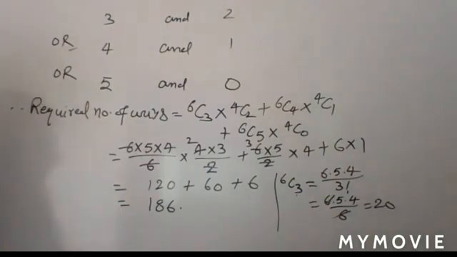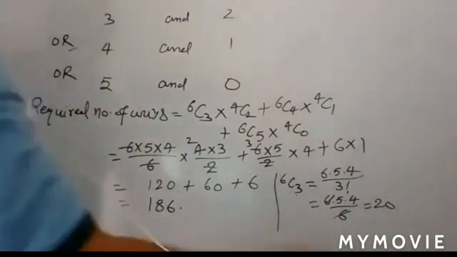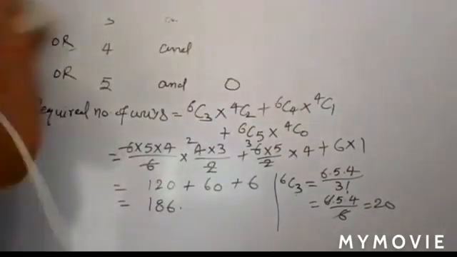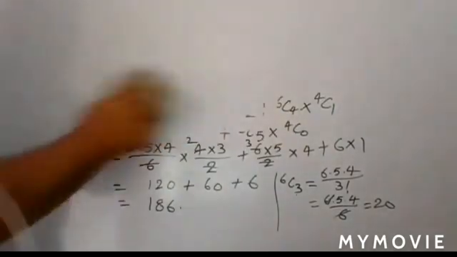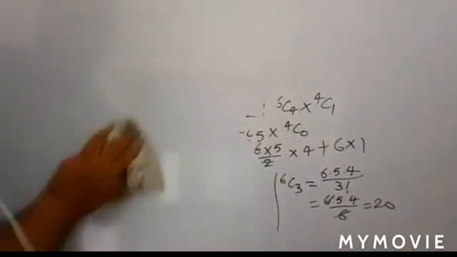Yes, write it down. Next question: how many triangles can be formed by joining the vertices of a hexagon? So in a hexagon, how many vertices are there?